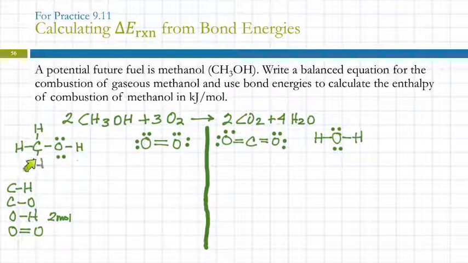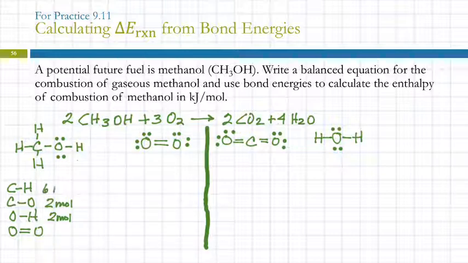How about the carbon-oxygen bond? 2 moles. And how about that carbon-hydrogen bond? In one of these molecules, how many carbon-hydrogen bonds are there? 3. If I have 2 moles, I'm going to have 6 moles of bonds.